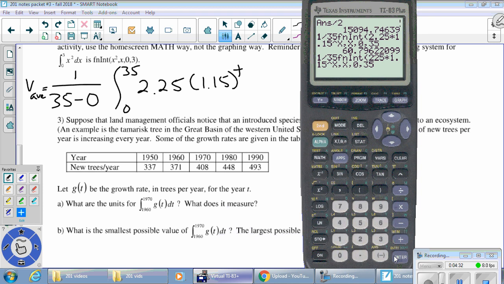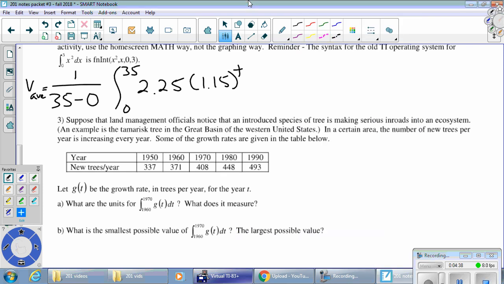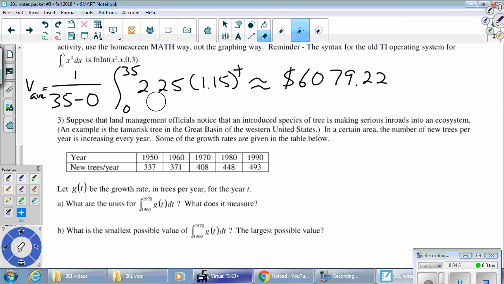So the average value over the course of this 35-year period is about $6,079 and change. $6,079.22. Let's erase that errant decimal point. Okay, so that is the average value.